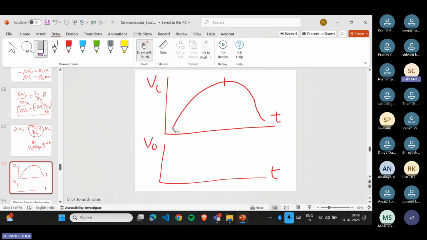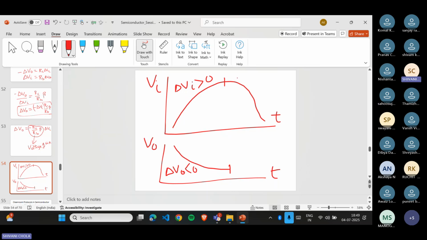And if you look carefully in the first half, your Vi is increasing with time. So I can say over here that delta Vi in the first quadrant is greater than zero, because it's increasing with time. So that's why our Vo versus time should decrease. Clear? Yes, sir.